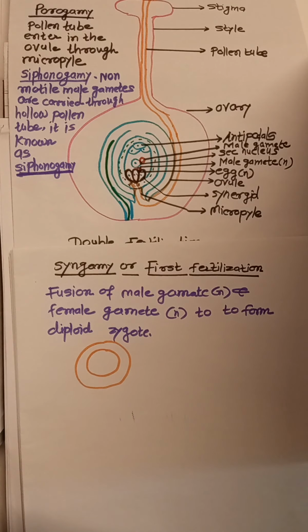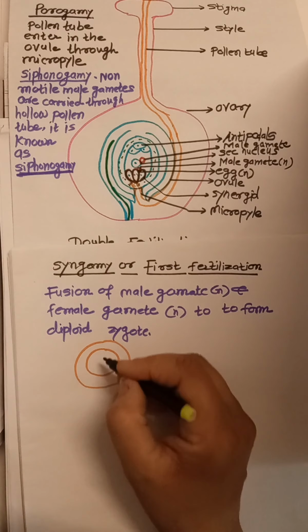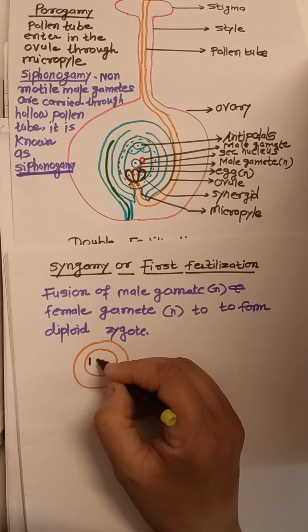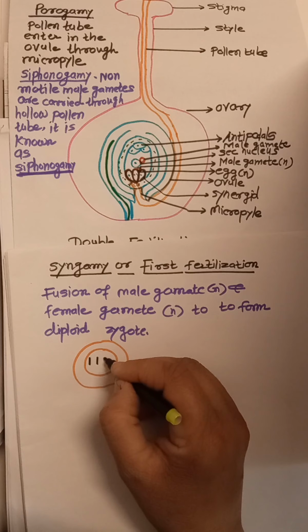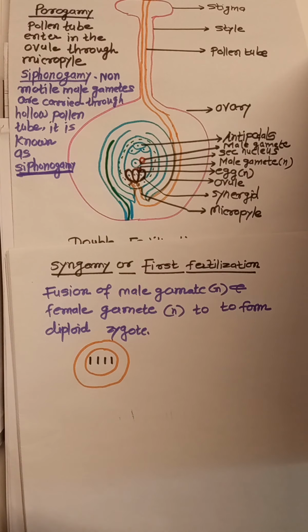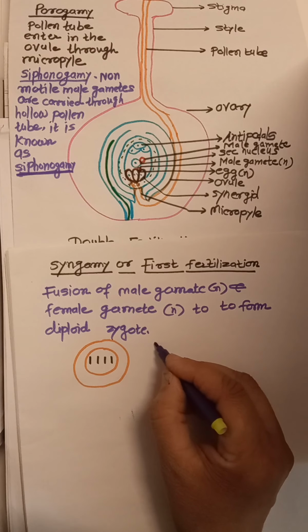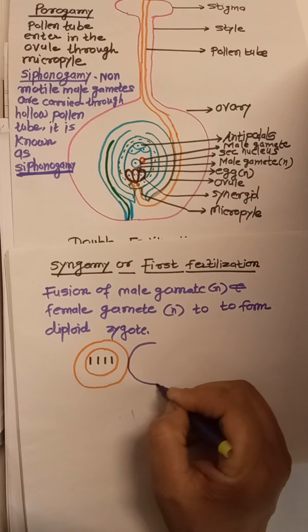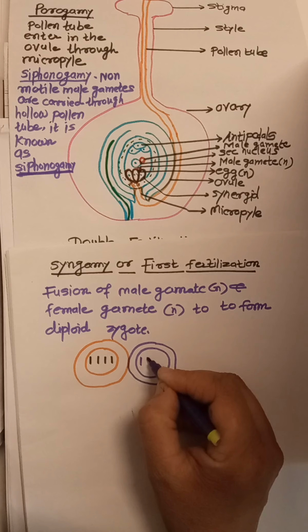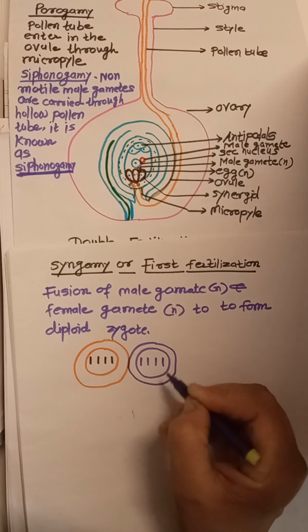It is haploid, meaning chromosomes are not in pairs. Chromosomes are single, like this. The male gamete is also haploid.